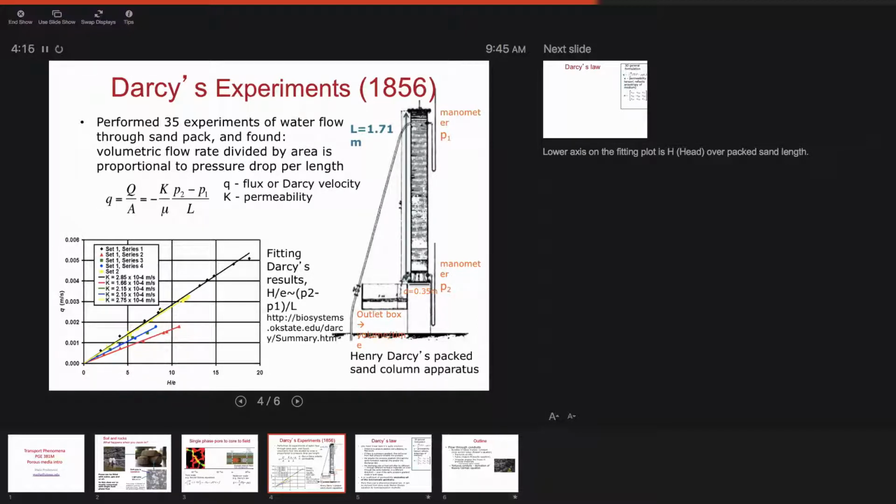Based on the cross section, you can also see what the linear flux is when you divide it by that area. And what he realized, when he plotted the results of this flux Q versus whatever was the pressure head, is a simple linear relationship. And that was the motivation to essentially formulate Darcy's Law.